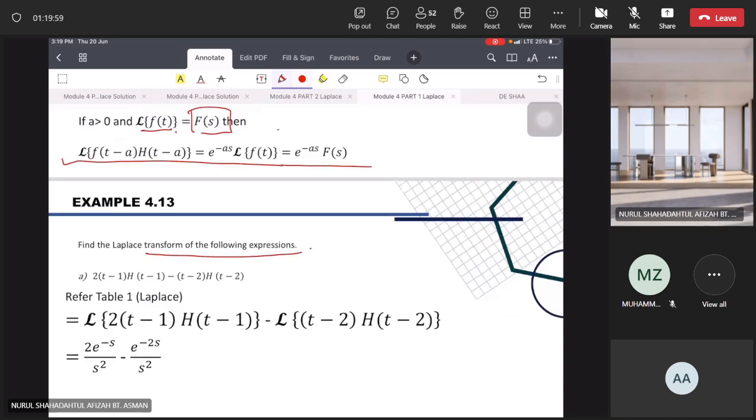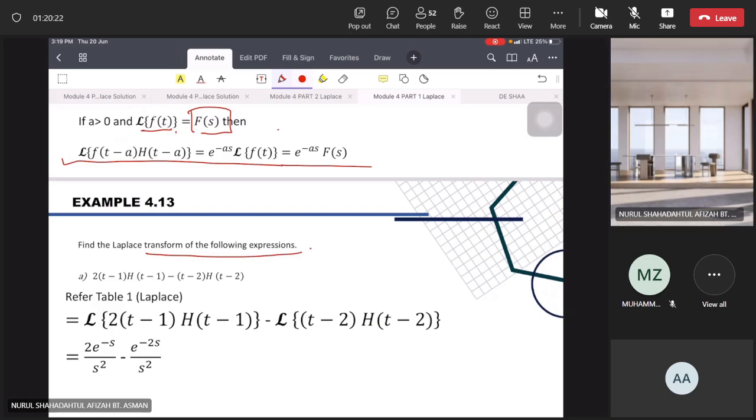So you need to find the Laplace transform for this following expression or equation. So 2t minus 1. I think this question has been simplified.